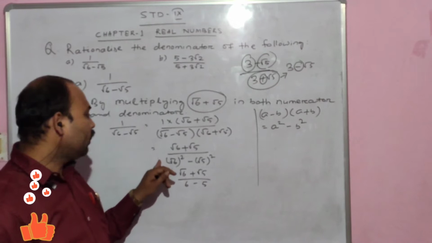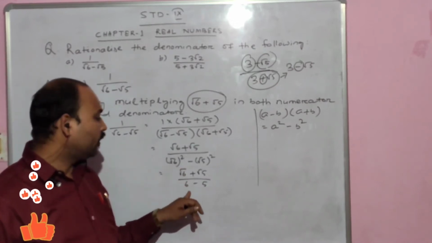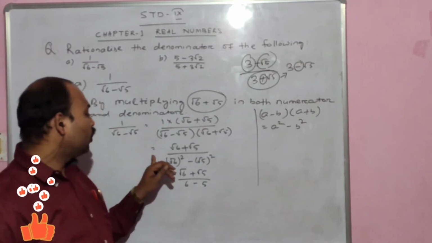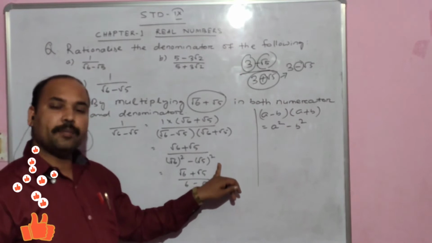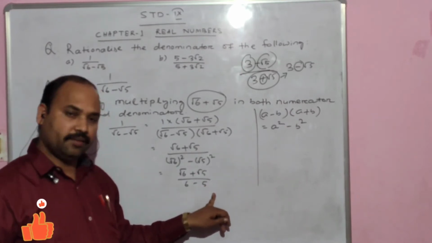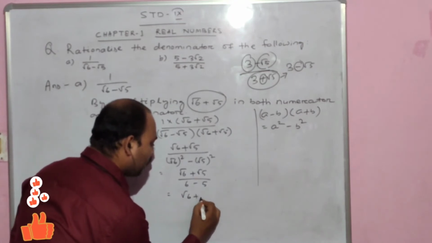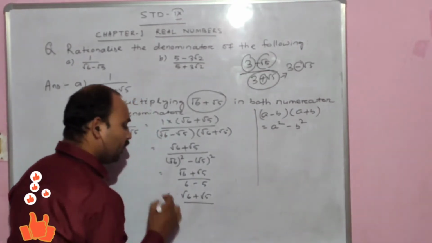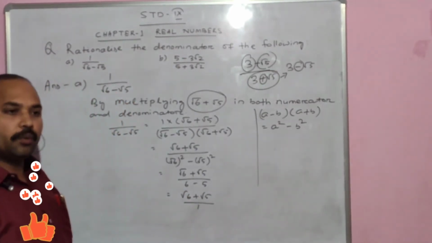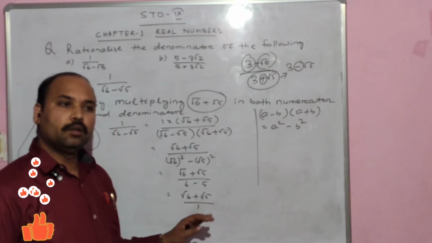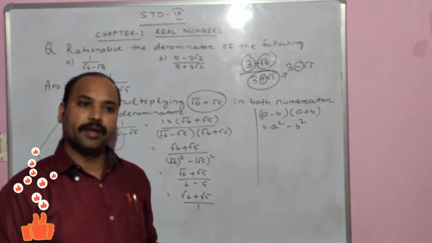When one irrational number is multiplied twice, we get its square. So root 6 into root 6 equals 6, root 5 into root 5 equals 5. Then it will be root 6 plus root 5 upon 6 minus 5, which equals 1. When the denominator is 1, there is no need to write it.